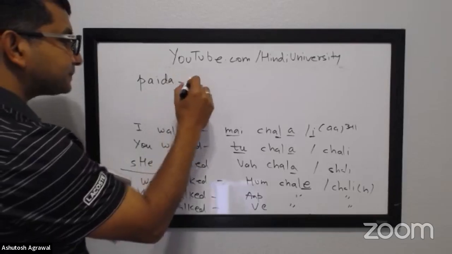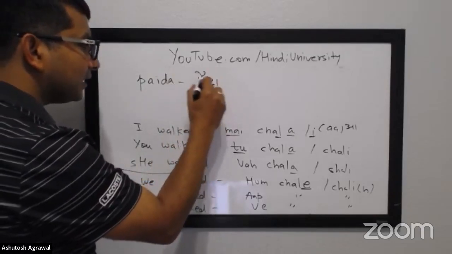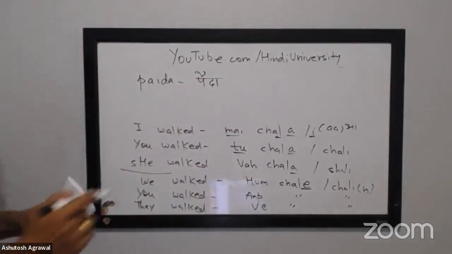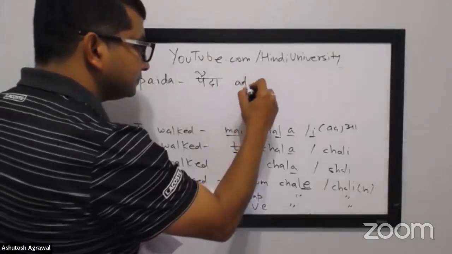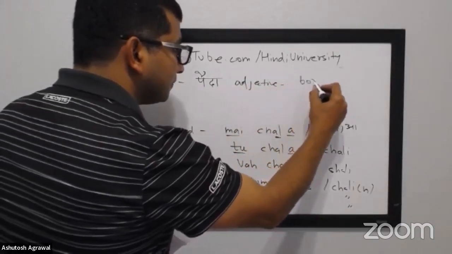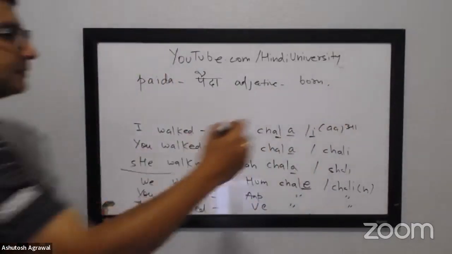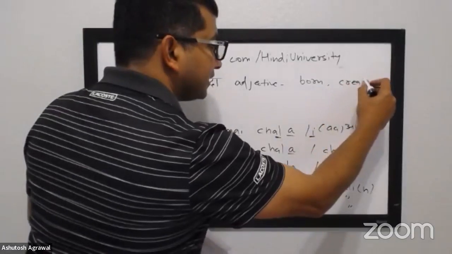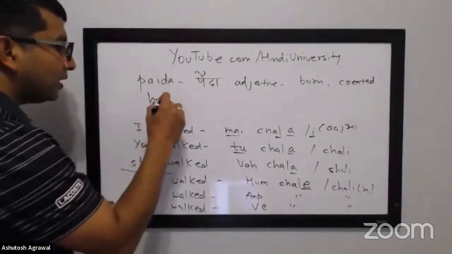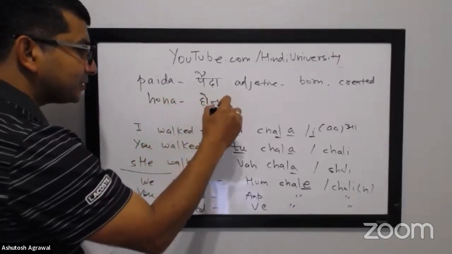So paida, the way you write is pa with ai and da. Paida. When you just use paida, it's an adjective. It means born, or created. When you use it with another verb called hona, you guys have heard it multiple times, it has multiple use cases.